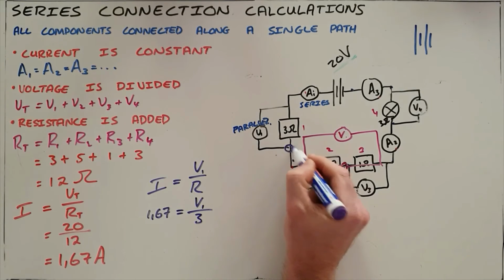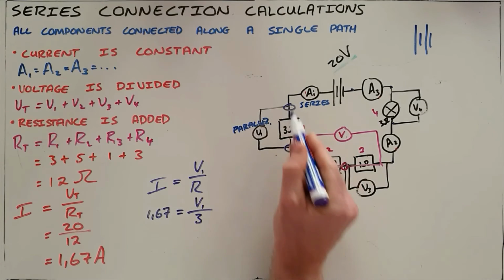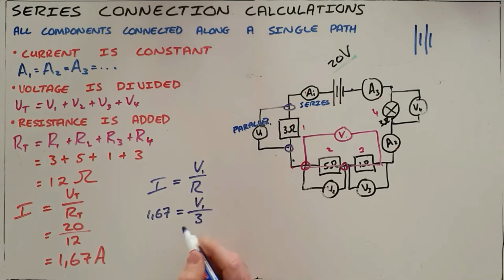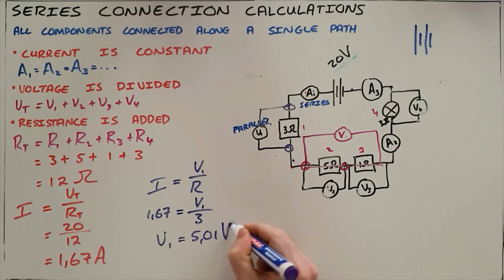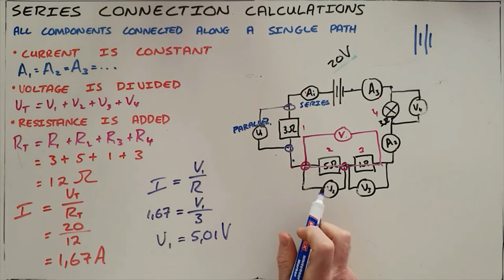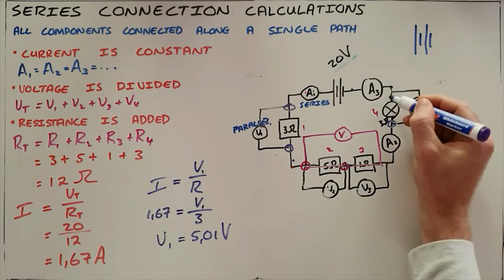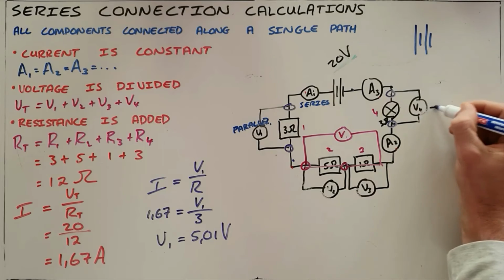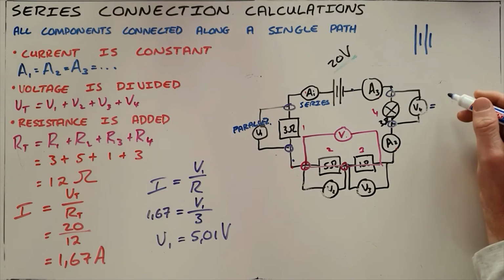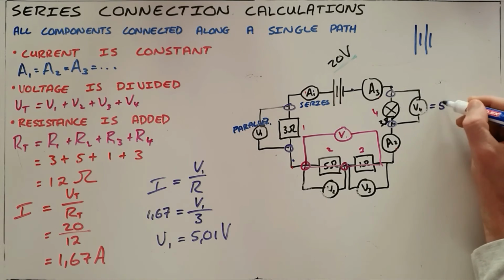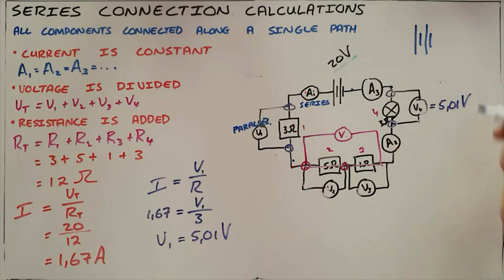Note here that you always take the resistance that is between the 2 points on that voltmeter, which means that our reading on voltmeter V1 would be 5.01 volts. The same thing applies here: the current is the same, the resistance is the same, and therefore the voltmeter reading on V4 would also be 5.01 volts.